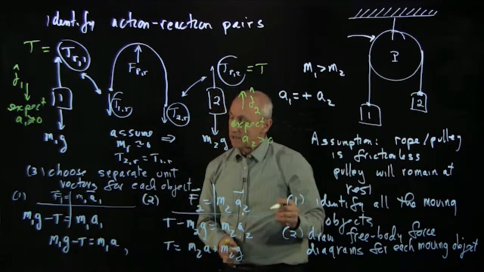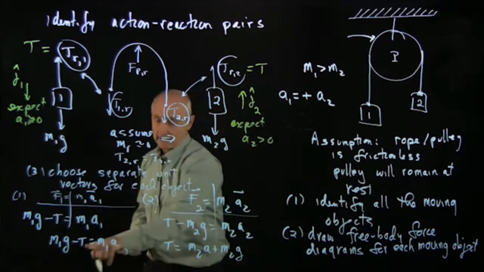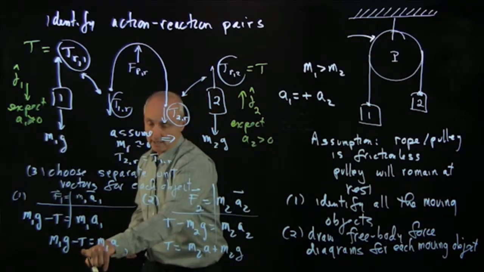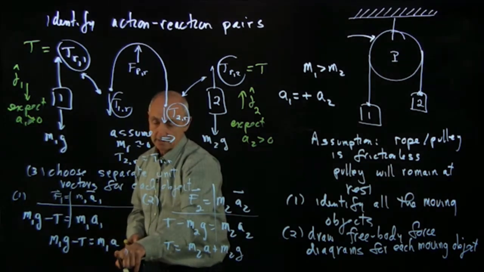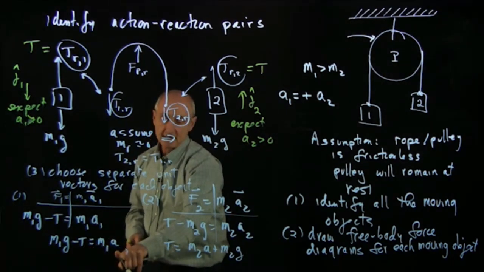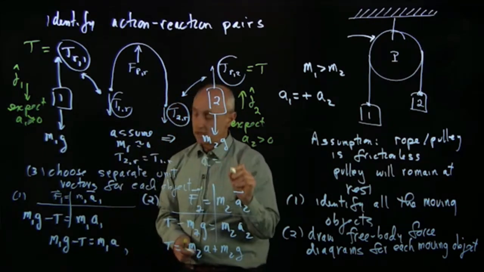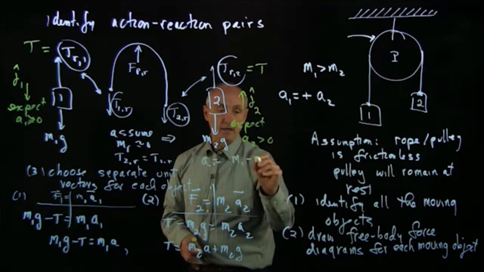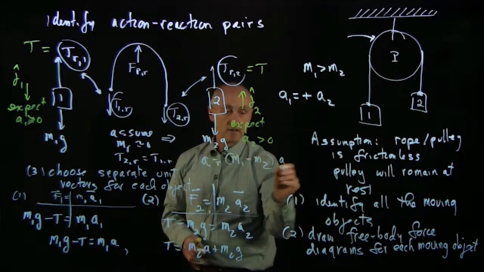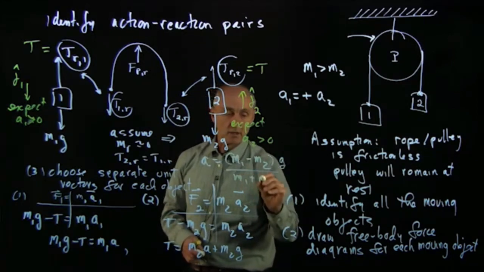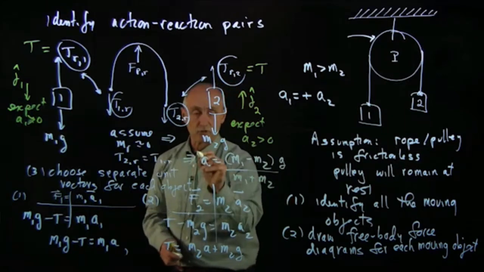We'll write that as m1g minus m2a minus m2g equals m1a, and bring the m2a to the other side. It's a little bit of algebra, but I think you'll trust me that a is m1 minus m2 times g over m1 plus m2.